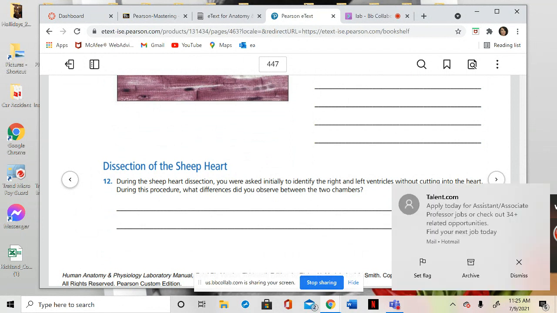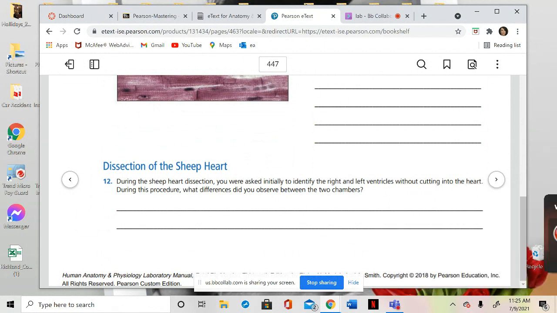Cardiac cells have one or two centrally localized nuclei. They are branched, and they have these tight junctions that we call intercalated discs that we don't see in the skeletal muscles.